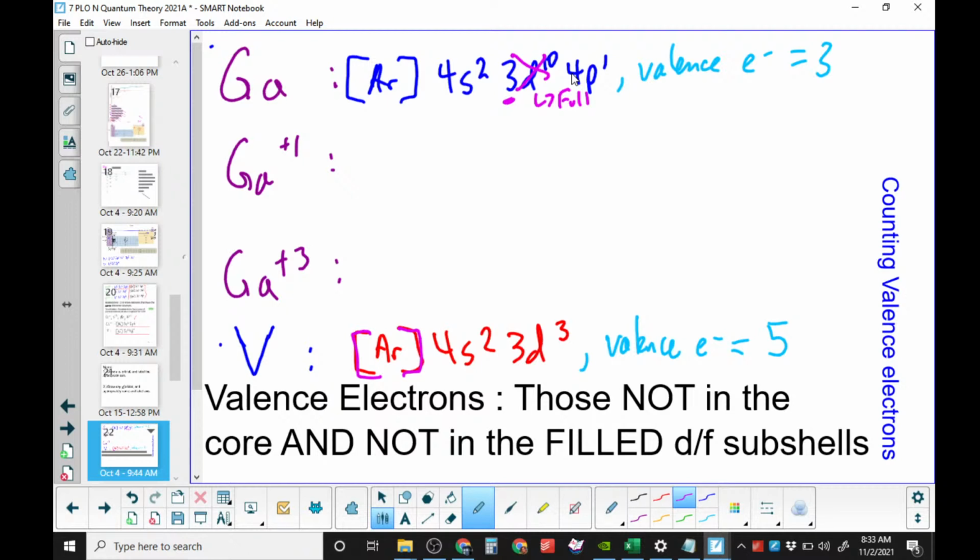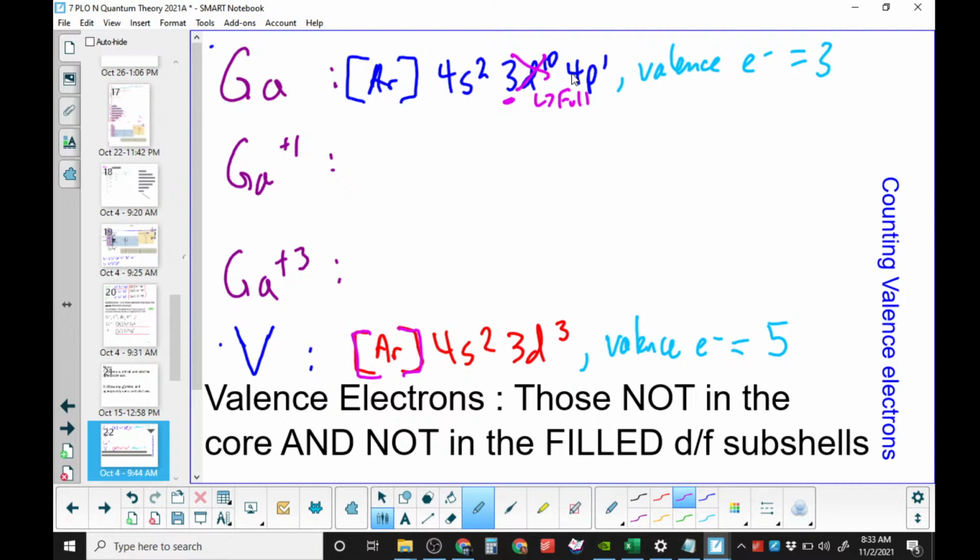But when it's not full, and I didn't do this very much last year, if I said how many valence electrons are in titanium, you can't skip. How many valence electrons are in titanium? Pardon? 4. 1, 2, 3, 4.